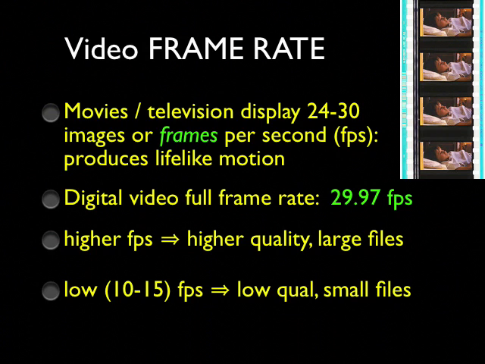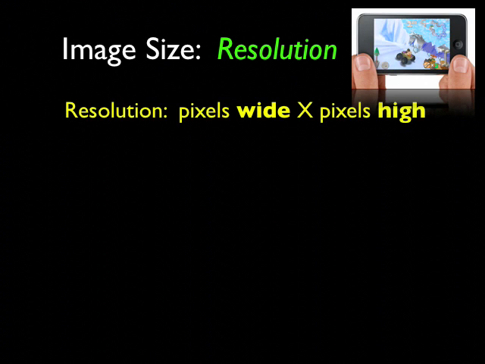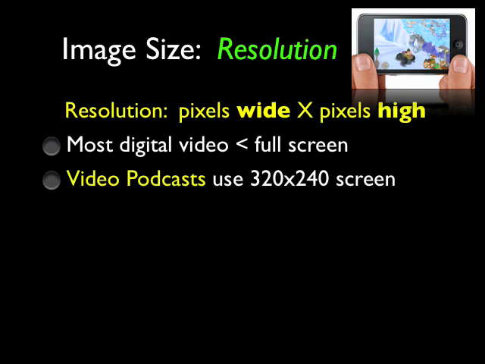The resolution or image size is the number of pixels wide by the number of pixels high of the image. And most digital video is actually less than full screen for a modern computer. Video podcasts, for example, use the size of the iPod screen, 320 by 240.